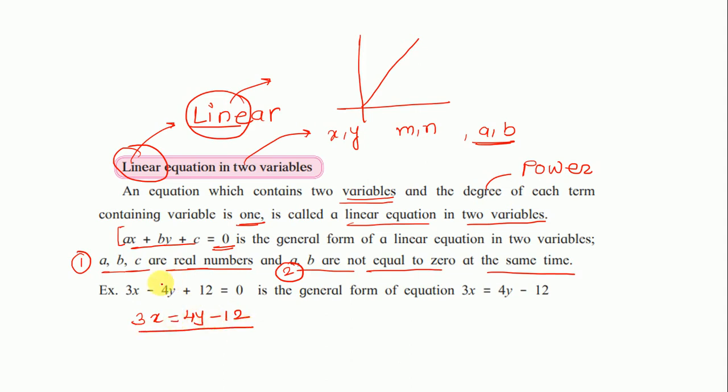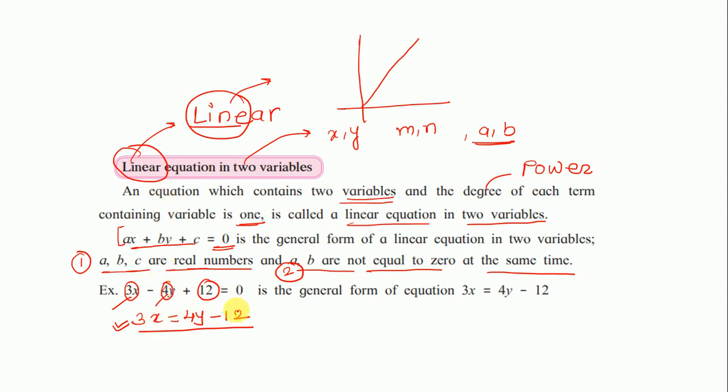Does this equation satisfy the above two conditions? Yes. See, this is a, this is b, and this is c. So a, b, c are real numbers, the first condition is satisfied, and a and b are not equal to 0 at the same time. So the equation satisfying the two conditions is known as a linear equation in two variables.